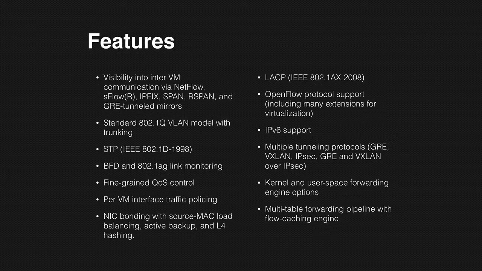For example, a very extensive suite of monitoring protocols, NetFlow, sFlow, IPFIX, bidirectional forwarding detection, and very finely grained Linux facilities for QoS, as well as load balancing and port groups of different kinds, and IPv6 support. It supports both old-school IPsec and GRE tunnels, and also newfangled VXLAN and NVGRE.